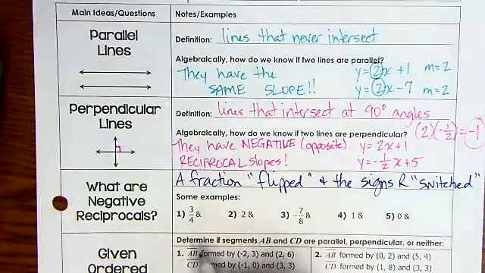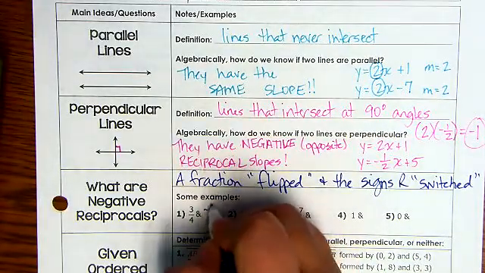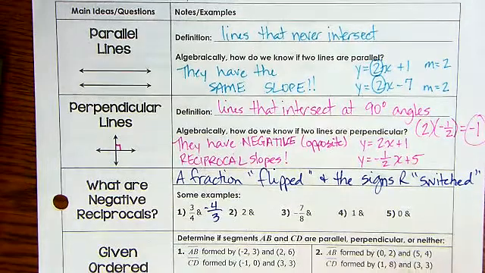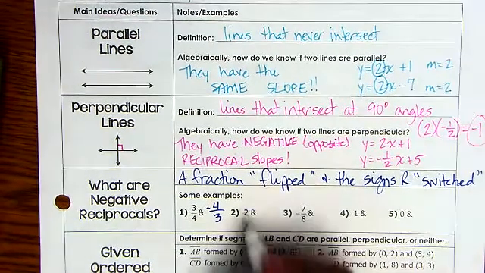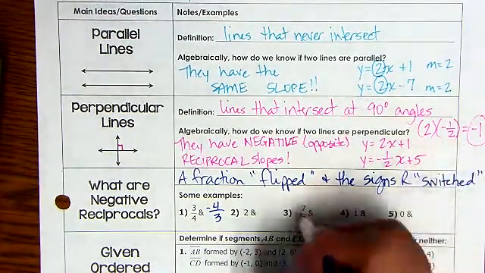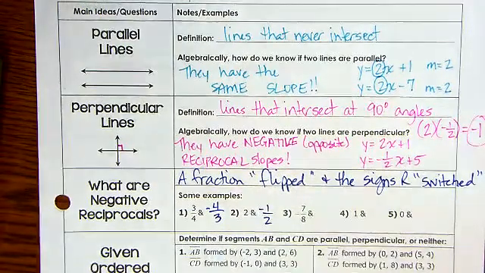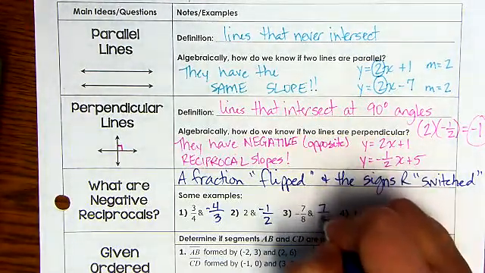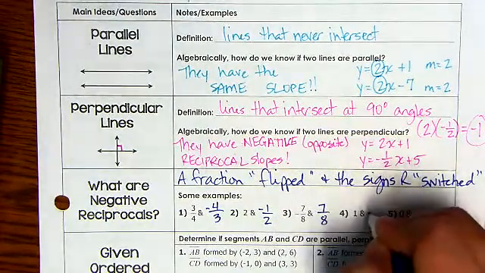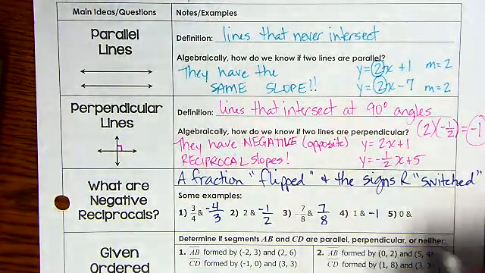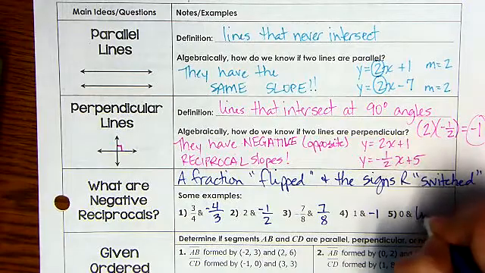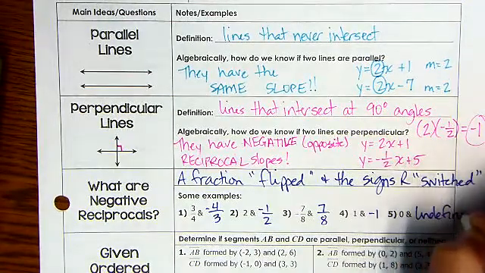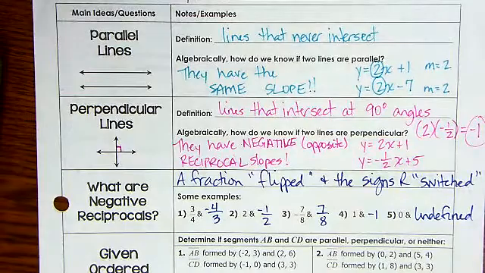So 3/4 and -4/3 are negative reciprocals. 2, and like we did up here, -1/2 are negative reciprocals. -7 and 7/8, 1 and -1, 0 and undefined are negative reciprocals. Okay, so now let's work a couple of examples.